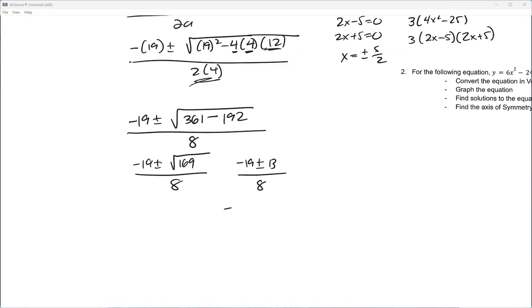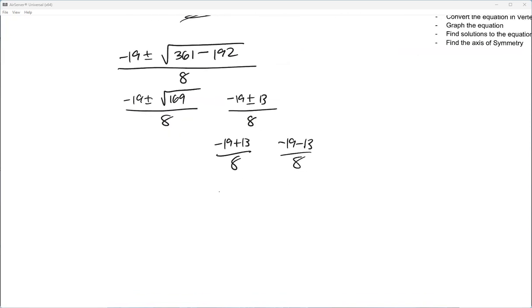So it'll be negative 19 plus 13 over 8, and negative 19 minus 13 over 8. This is negative 6 over 8, which is negative 3 over 4. This is negative 32 over 8, which is negative 4. So these are your two answers.